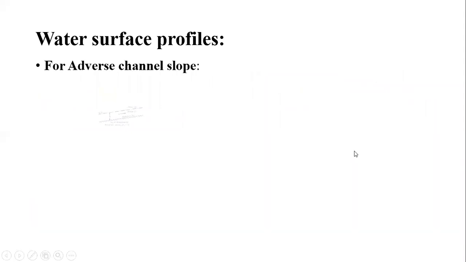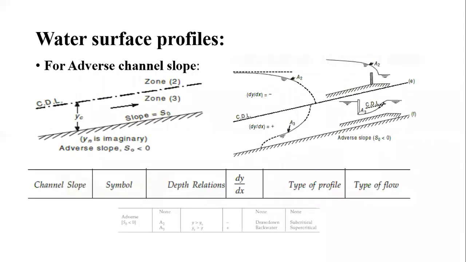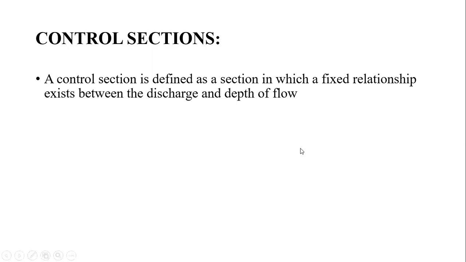Now we will move further to the next part, that is control sections. In the previous lecture, I gave some hints about control sections, what they are and what they indicate. Control sections are the points which indicate a definite relationship between the flow depth and the discharge. Generally, those points or sections are considered control sections in the channels.